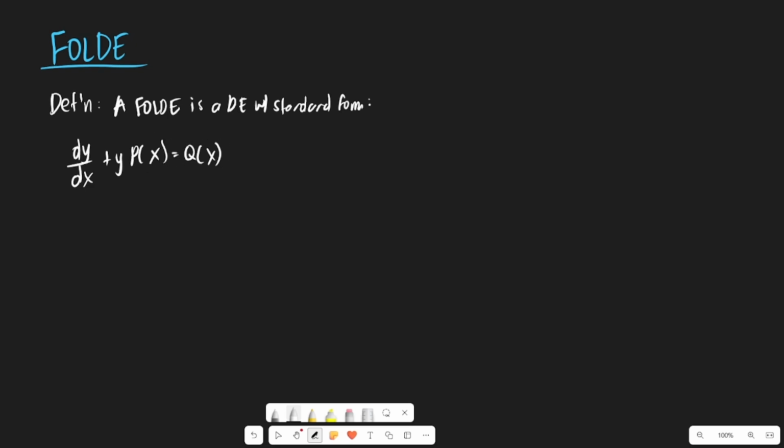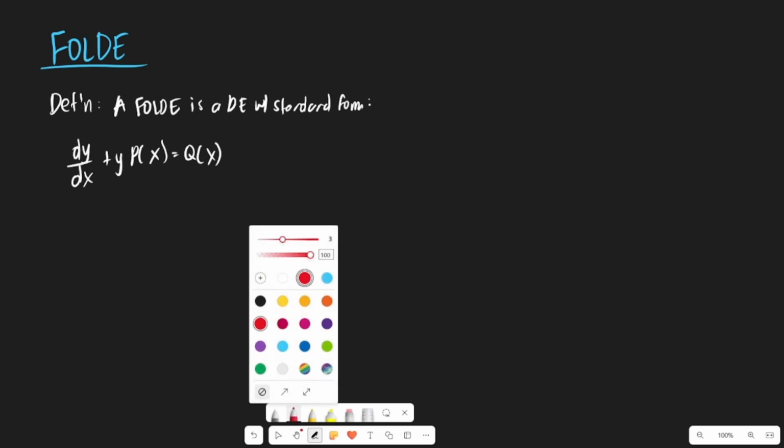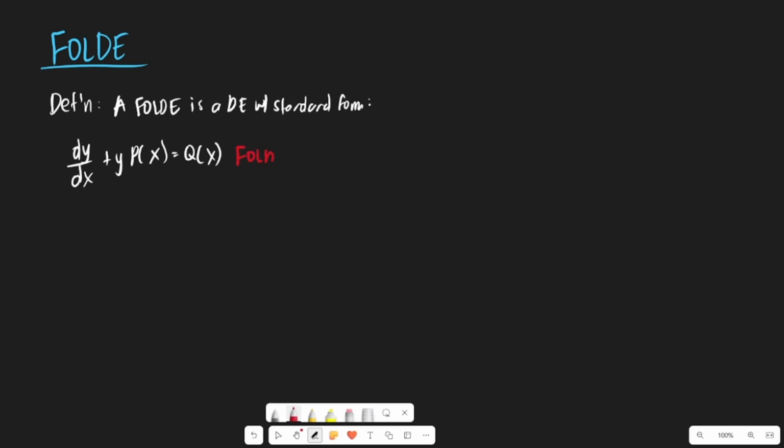Whenever you start with the derivative of y with respect to x, next would be adding y, and whatever comes next are just functions of x. That's one way for us to take note of or memorize these formulas. So this is the FOLDE in y.